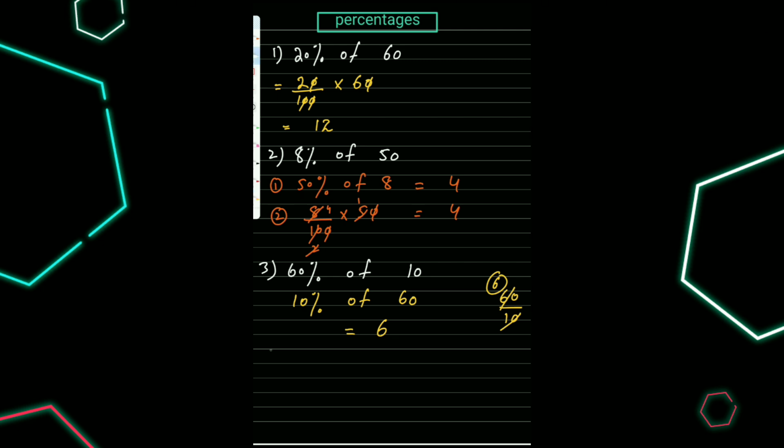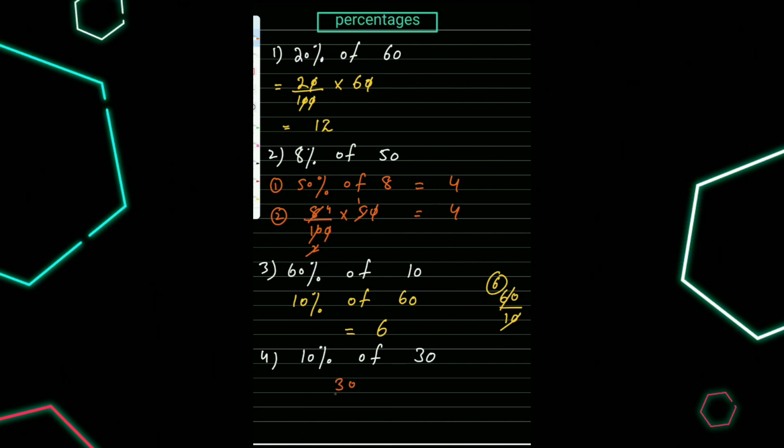Next, question number 4. 10% of 30. Again the same method. 10% of 30 means that we can easily divide 30 by 10.